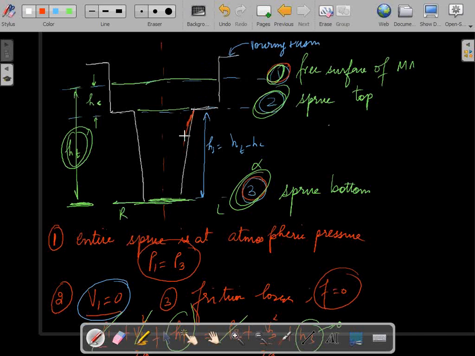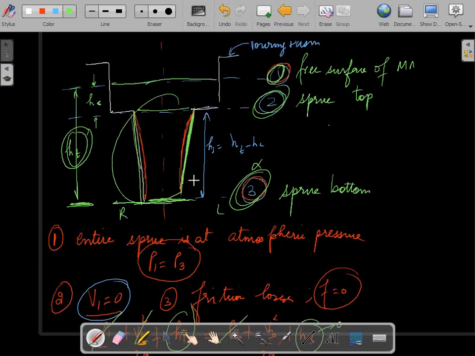This is basically a line like this. Okay, but for the sake of calculations and for the sake of representation, this is shown with a straight line. So with the variation of height, the area changes parabolically. This is the configuration of a sprue, or how a sprue should be. I hope this is clear to you.